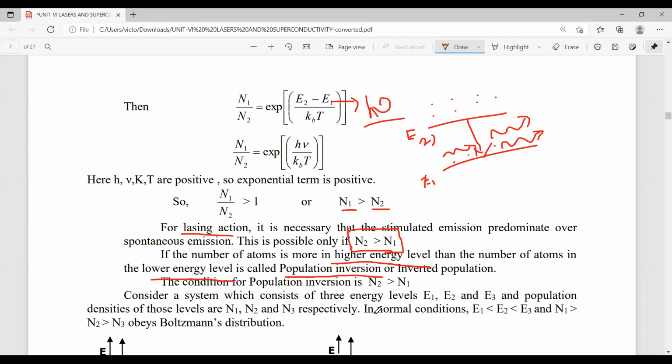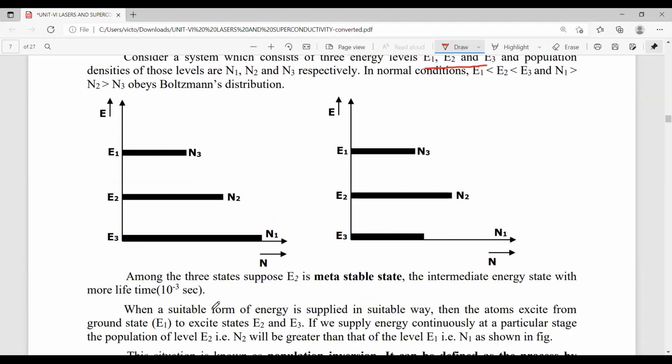If we take a three energy level system, that is E1, E2, E3, generally the population in these energy levels is like N1 greater than N2 greater than N3. So this is the schematic picture of generalized population in energy levels.